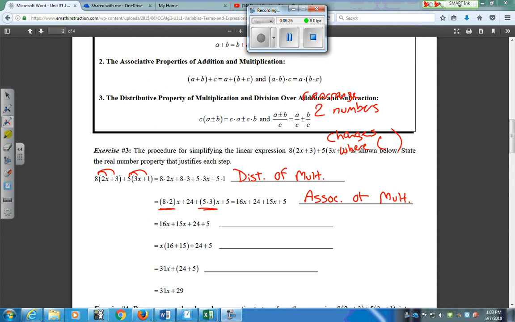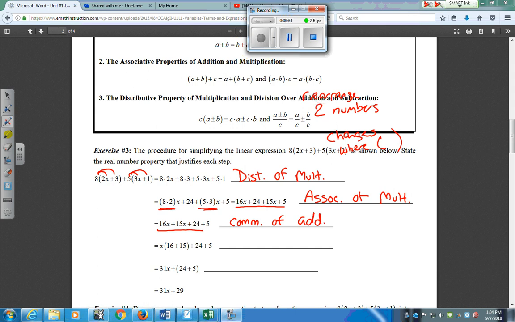Now, after that, what we end up having is the commutative property, because you'll see from here to this line, they reorganized. They moved some of it around. So they did a little rearranging. So that's commutative property of addition, because there are plus signs between it.